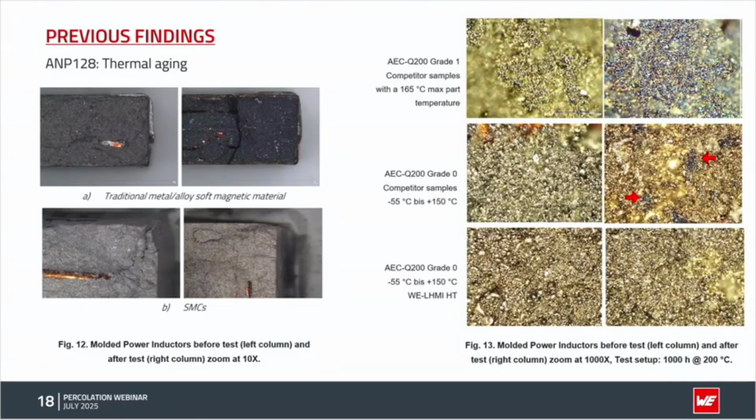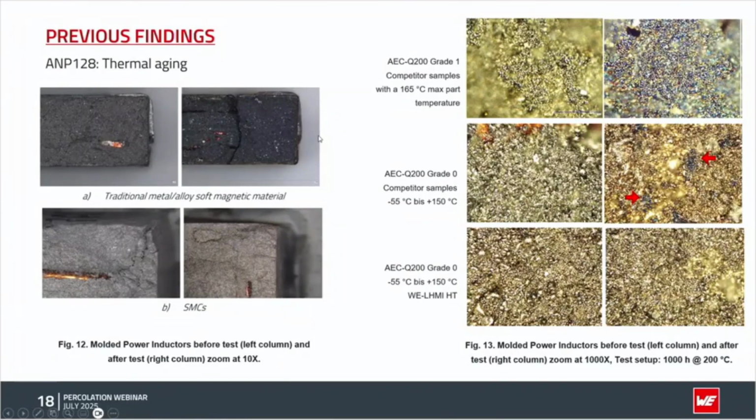But in reality, if we look a little more closely, we are going to find that in this case, competitor grade 1, that means 125 degrees, even though they promise it can go higher, when you expose it to higher temperatures, almost all the coating is burned. You can see the burned parts, just like here.